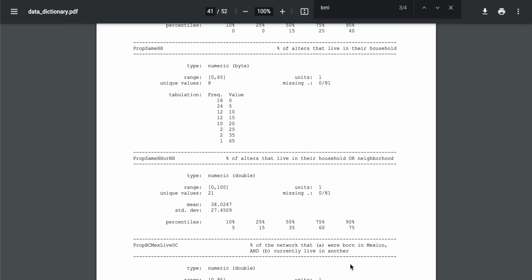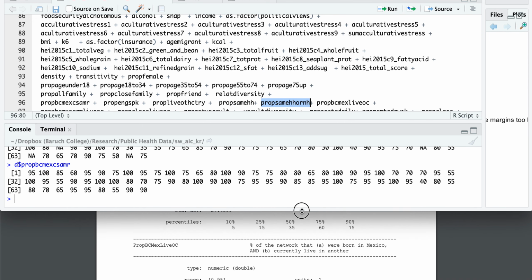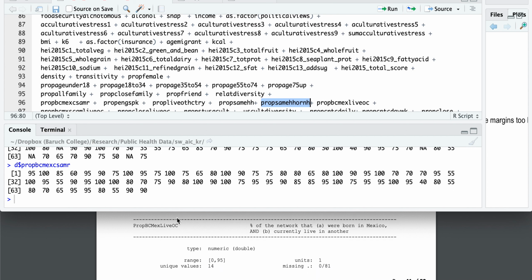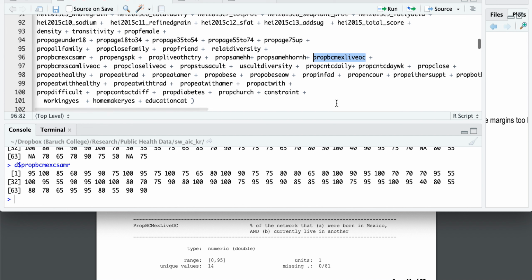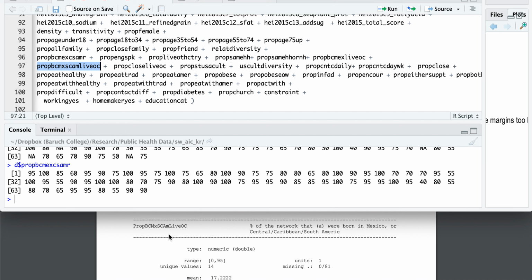Okay, prop same household or neighborhood, and then we can just do it this way. Prop, okay, born in Mexico and currently live in another country. Then we are here. Okay.